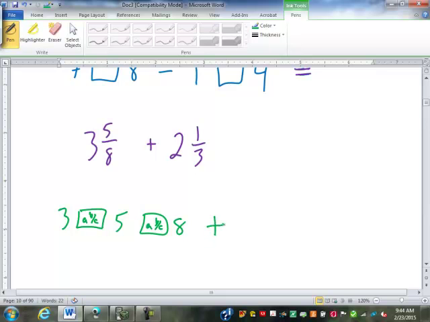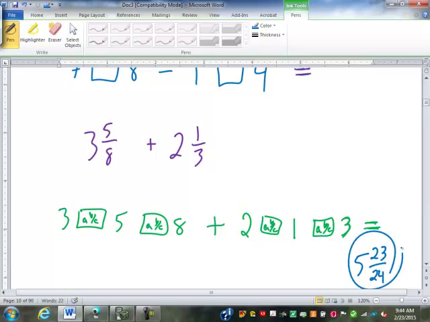And then plus 2 ABC, 1 ABC, 3. And hit equals. And what do you get? 5 and what? There you go. 5 and 23/24. What do you think? Makes things a little easier?